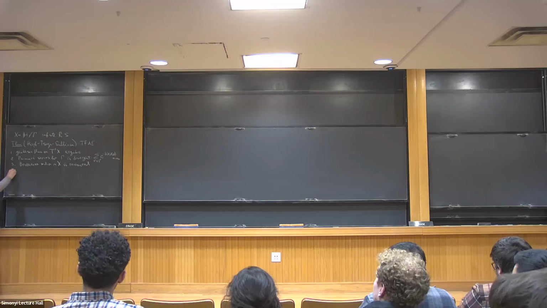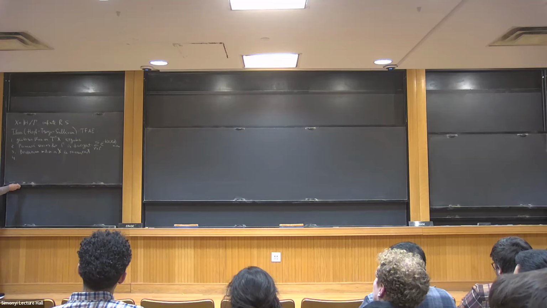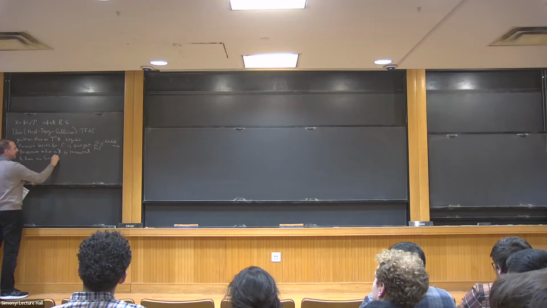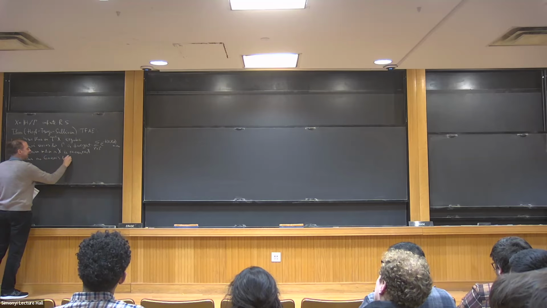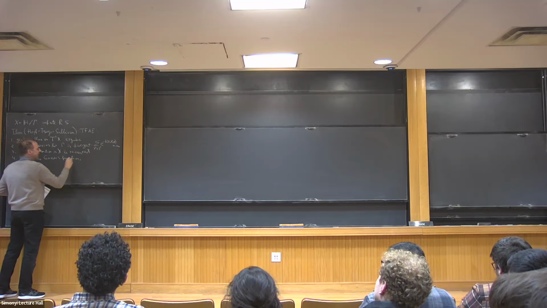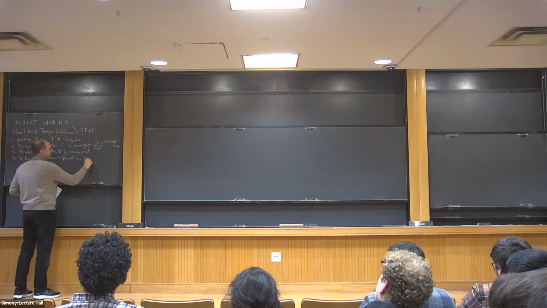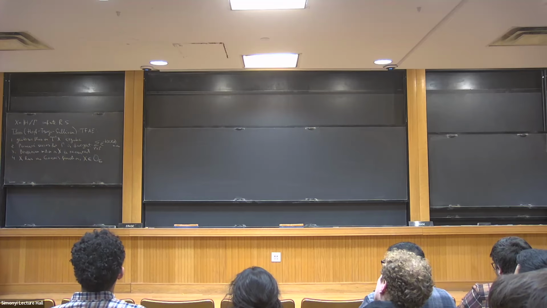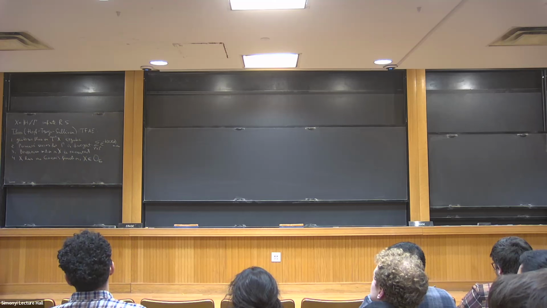Then number 4, X has no Green's function. So a nice notation is X is an element of the class O_G. No Green's function. G is for Green's function.